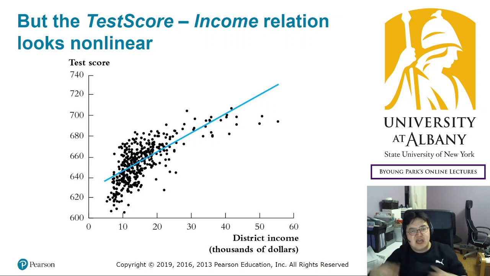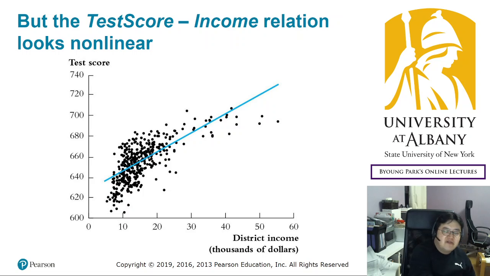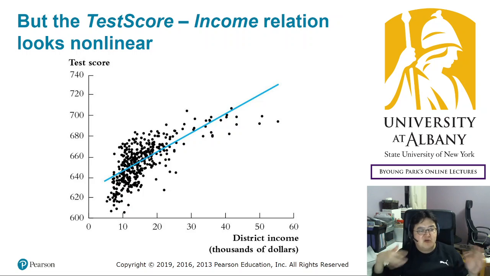Then this additional $1,000 may have no impact at all. I must have been taking care of my kids already the best I can, or I have no shortage of any money. So my living quality would not be affected by an additional $1,000.